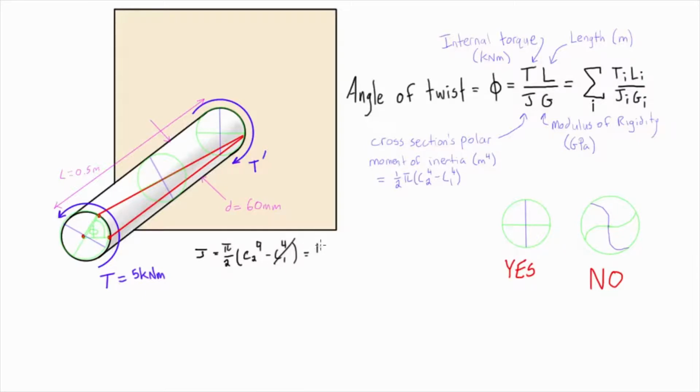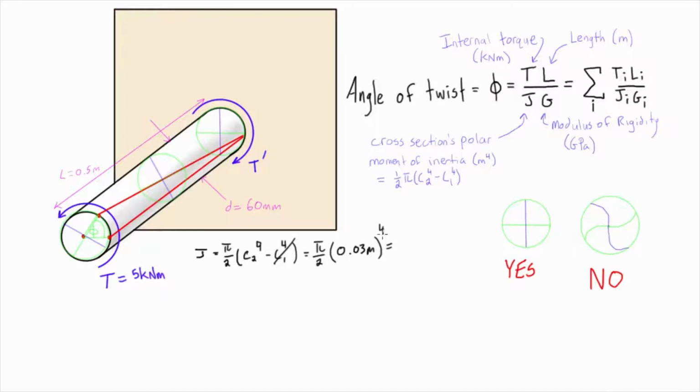So we have pi over 2 times, well, the radius here would be 30 millimeters, which gives us 0.03 meters, to the power of 4.